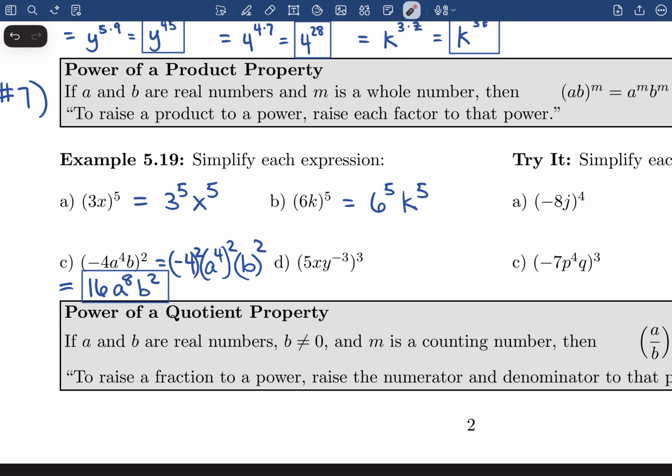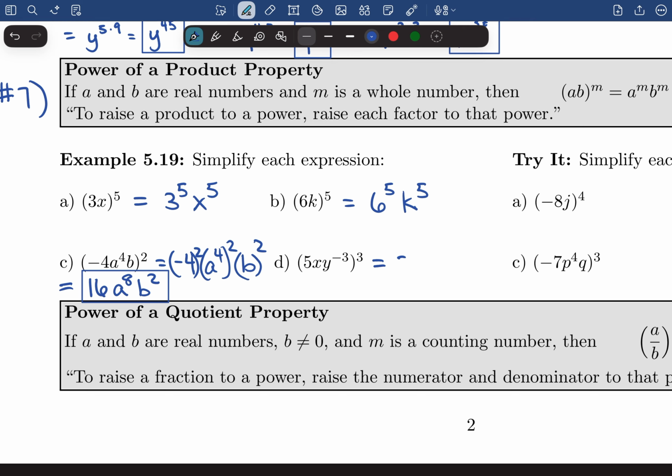Let's try another one, making sure that we've got this down. I see 5 times x times y to the negative 3, and that's all raised to the 3rd power. So I'm going to apply the 3rd power to all of the bases using this power of a product property. I've got 5 cubed times x cubed times y to the negative 3 cubed.